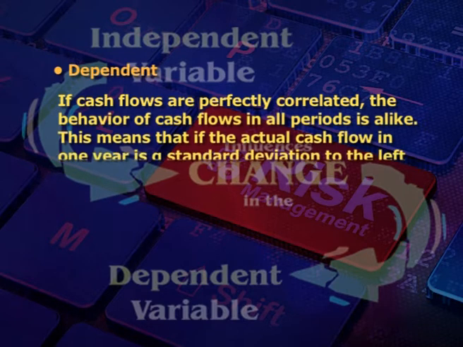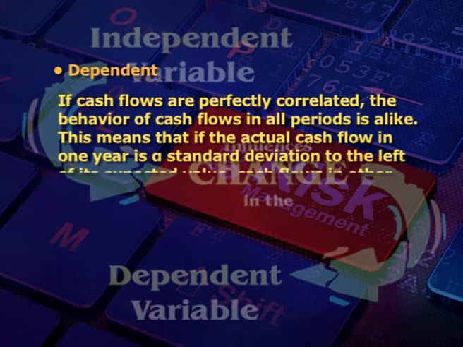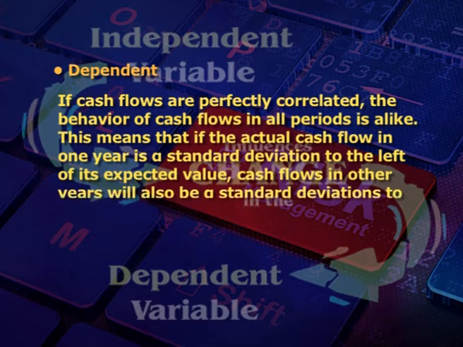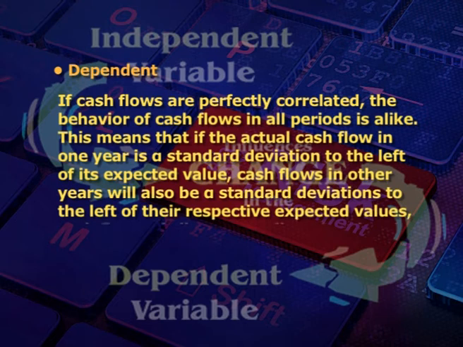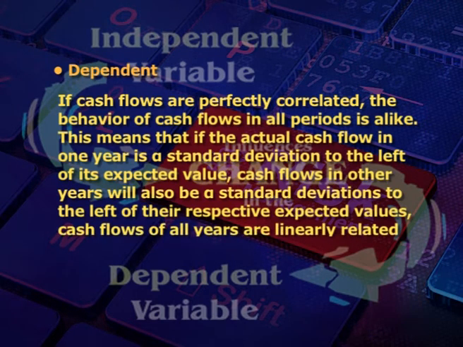This means that if the actual cash flow in one year is one standard deviation to the left of its expected value, cash flows in other years will also be one standard deviation to the left of their respective expected values. Cash flows of all years are linearly related to one another. The expected value and the standard deviation for the net present value will be considered when cash flows are perfectly correlated.